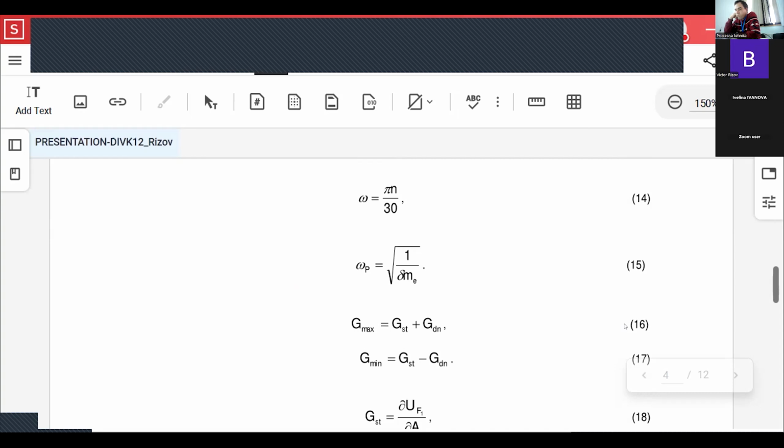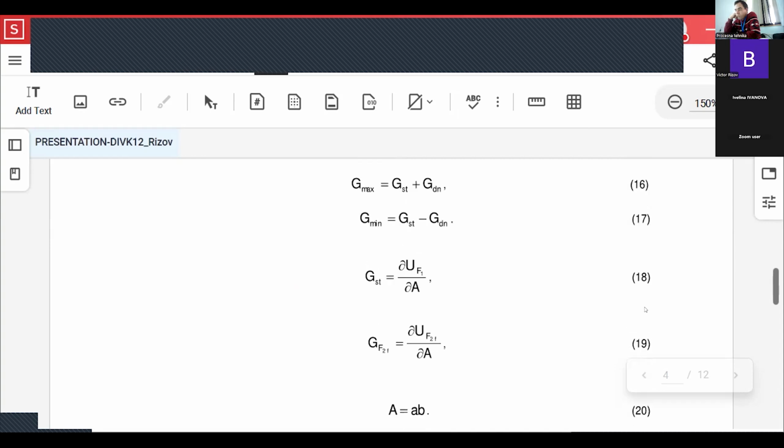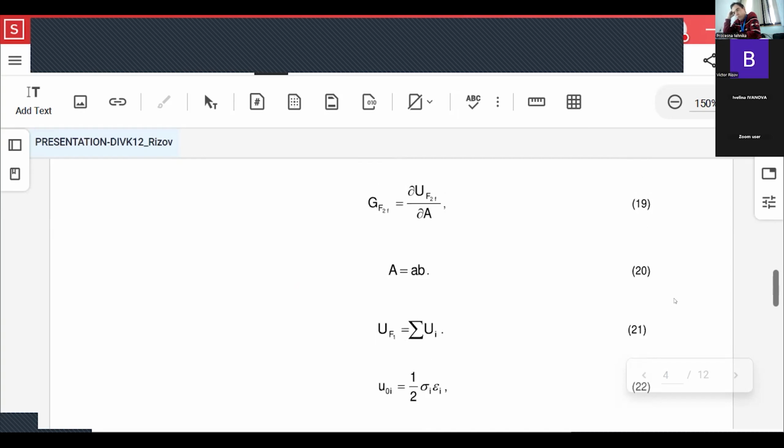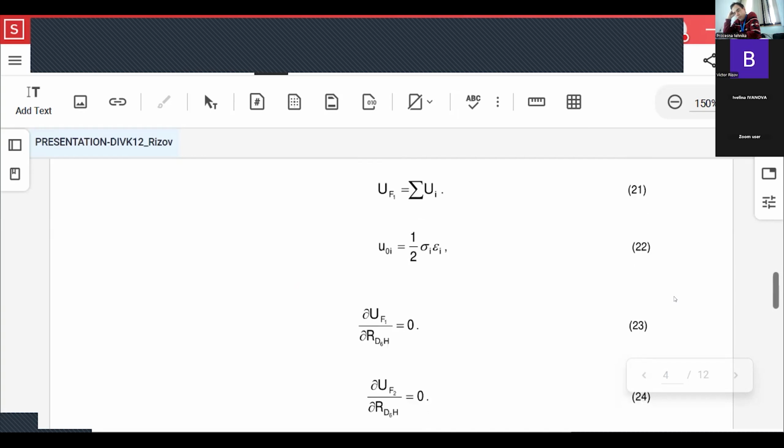The strain energy release rate is derived also by applying equations number 18 and 19 for checkup of the solution. The strain energy due to force F1 is given by equation number 21. The strain energy is defined in terms of the specific strain energy by using equation number 22.